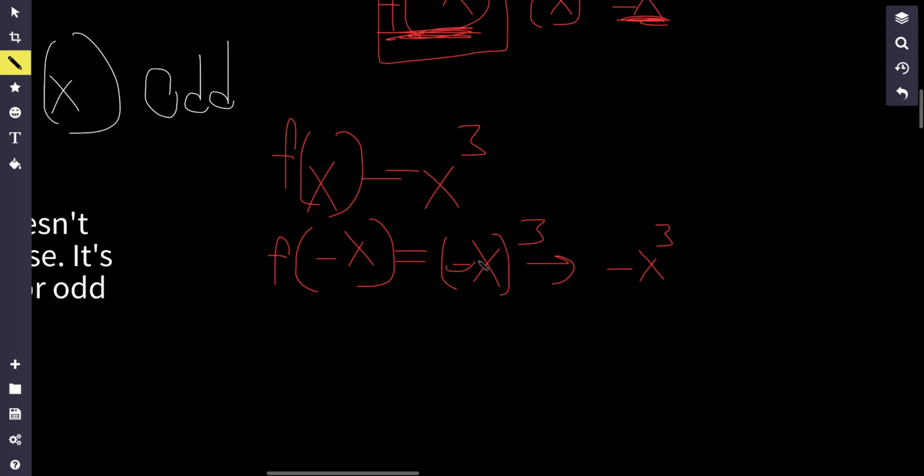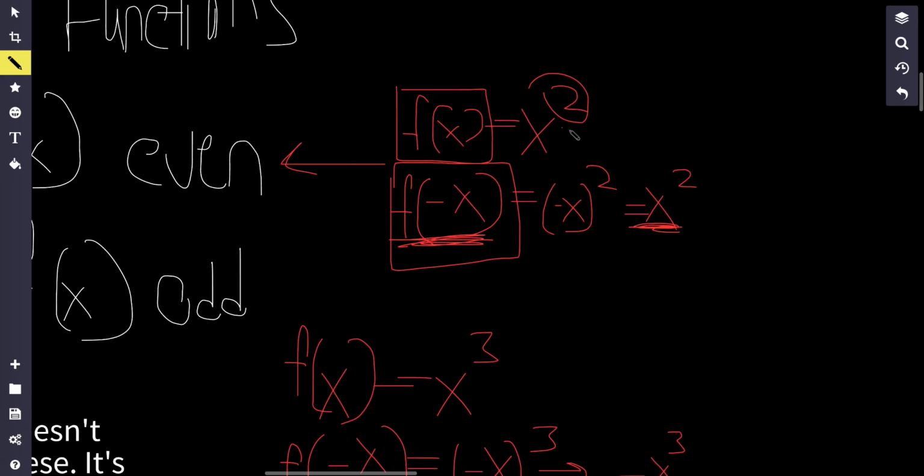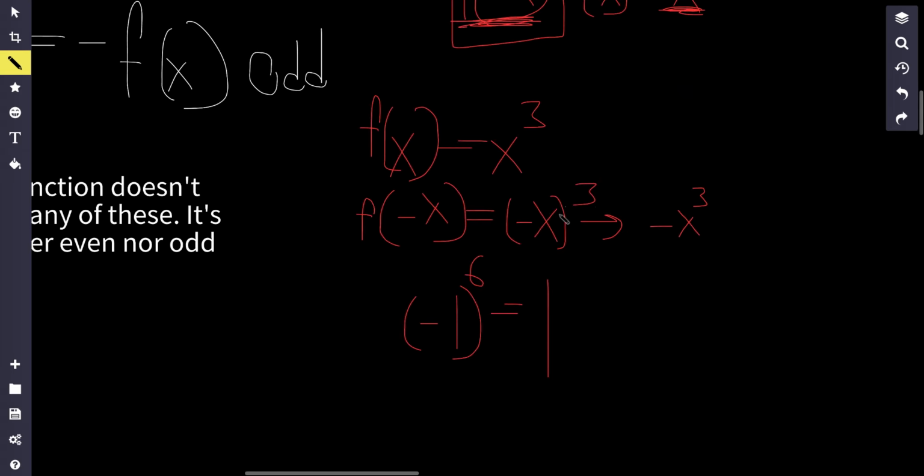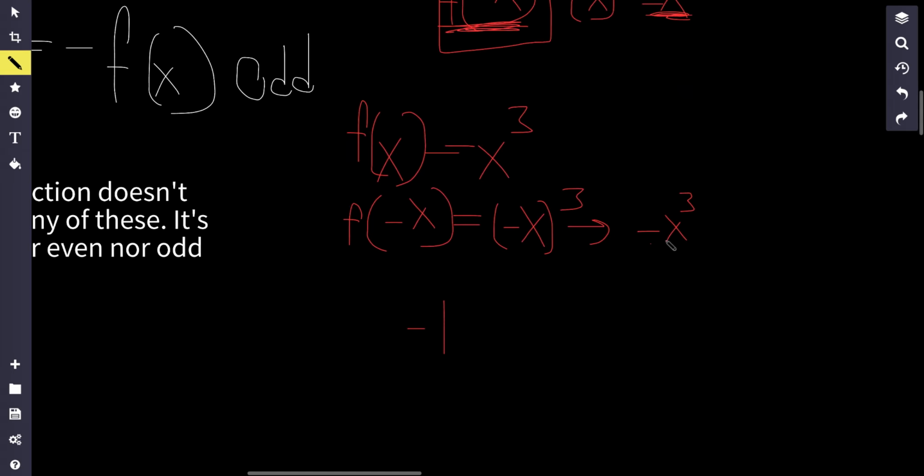Reminder that if you have a negative sign raised to an odd power, your thing is still going to stay negative. For example, negative 1 to the third power is still going to be equal to negative 1. But if you have negative 1 raised to an even power, let's say to the 6th power, it's going to be positive 1. So when the exponent's even, this negative sign basically doesn't exist anymore. But if the exponent's odd, the negative sign still exists.